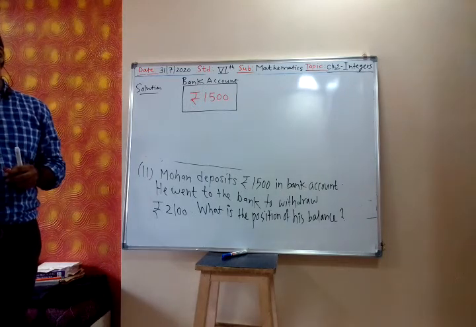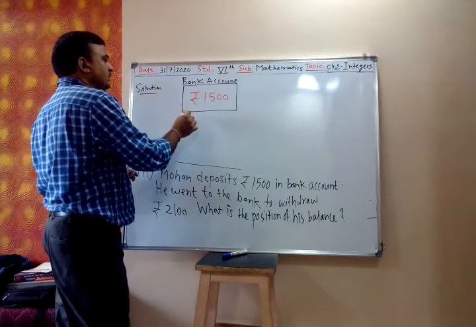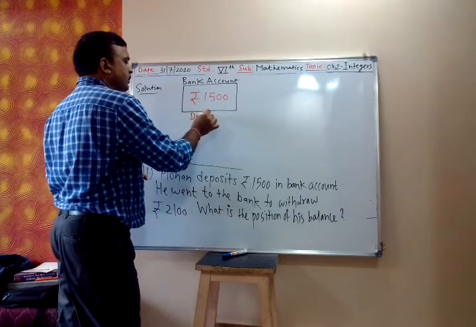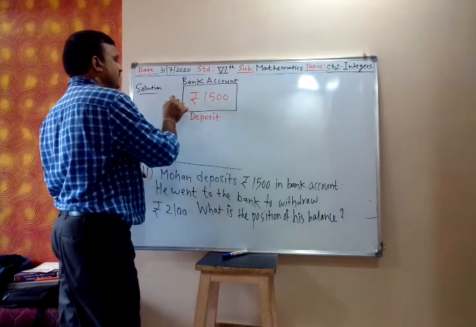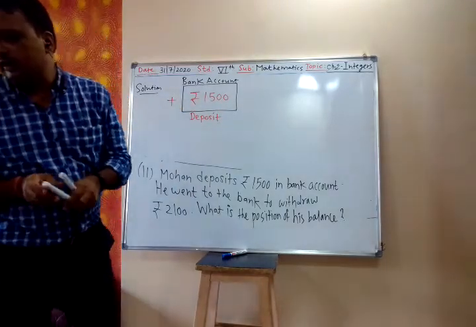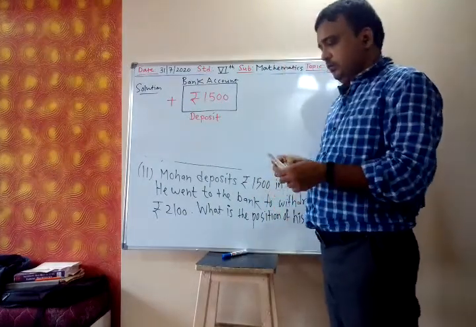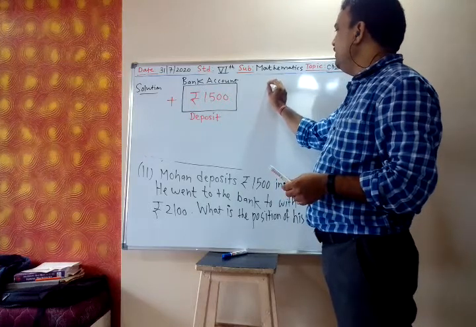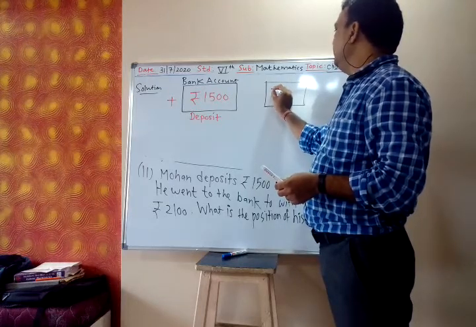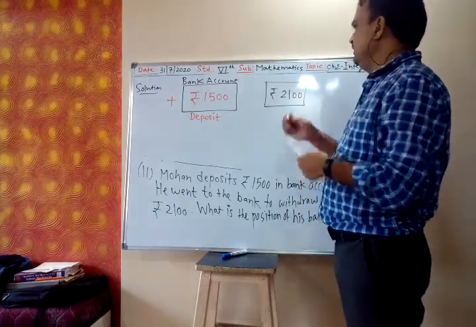It is a deposit amount, so we write plus. Then how much amount did he withdraw? Withdraw means removing. 2,100, this is the withdrawal amount.